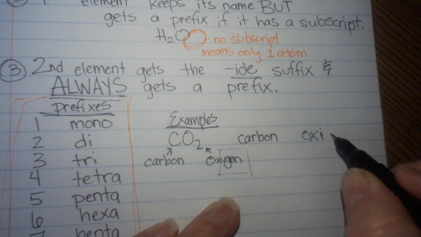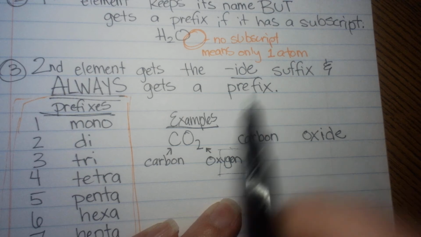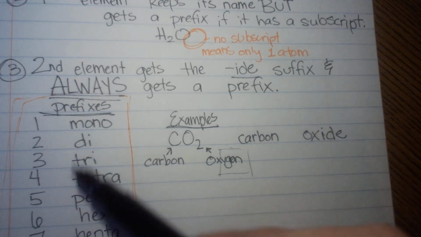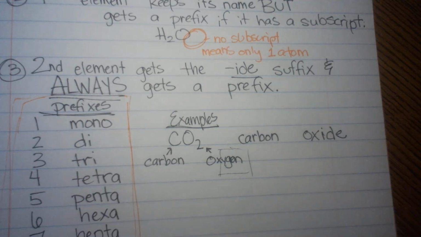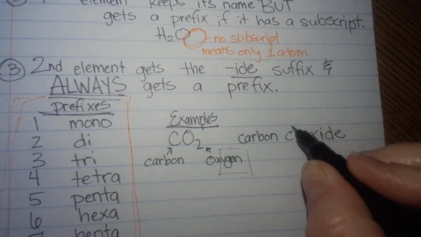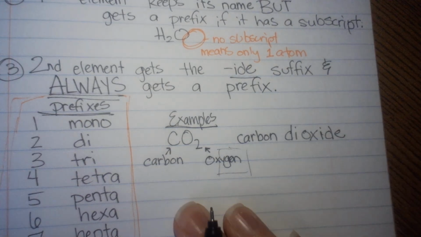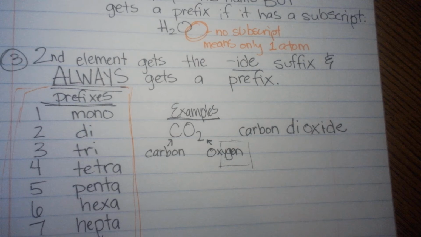So I'm going to have oxide. But it says always gets a prefix. So which one of these prefixes am I going to use for 2 atoms of oxygen? Di, right. So it's carbon dioxide. So we're kind of familiar with that. We've heard of that one.